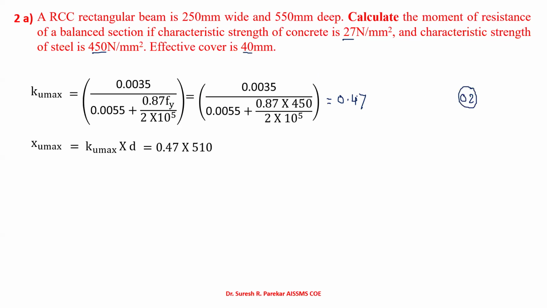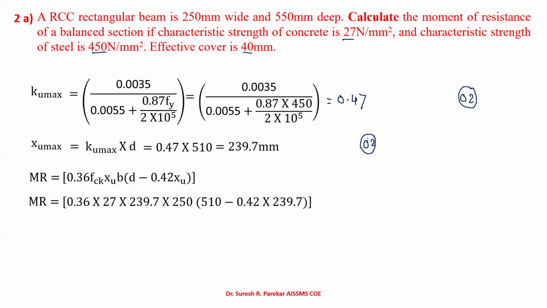Then I will go for XU max. So for XU max, we have 239.7 millimeters. So I have 2 marks for this. And then we will go for MR. So MR we have 0.36 FCK XUB into D minus 0.42 XU.